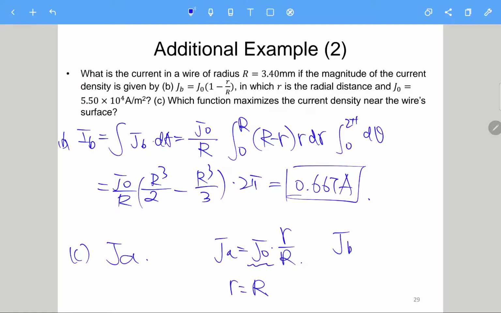For JB, it is J0 times 1 minus r over R. So when r equals R, this is 0, whereas for JA it is J0. So JA maximizes the current density near the surface. So that's all for today.